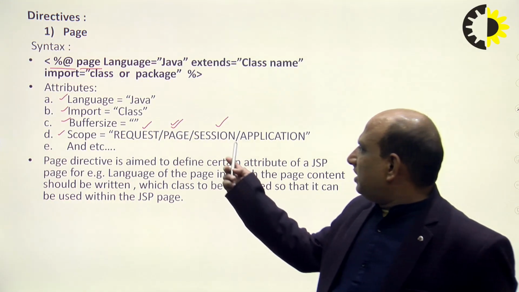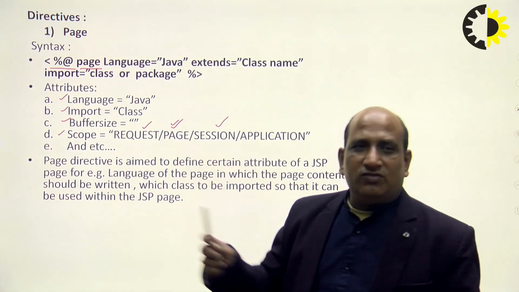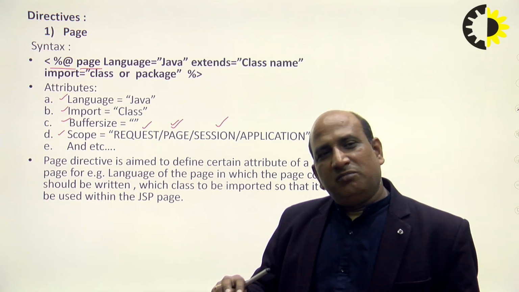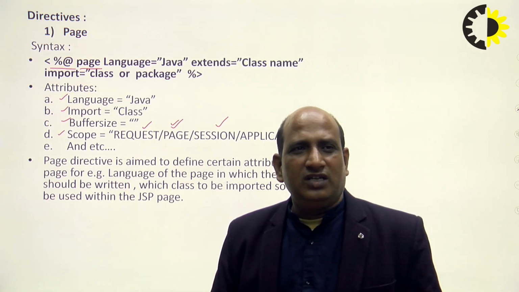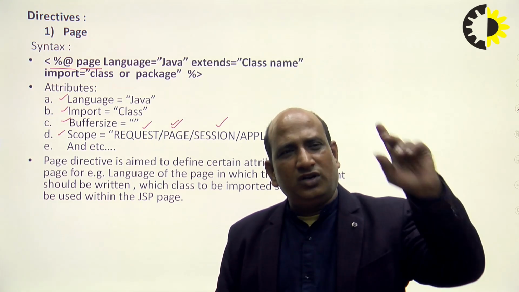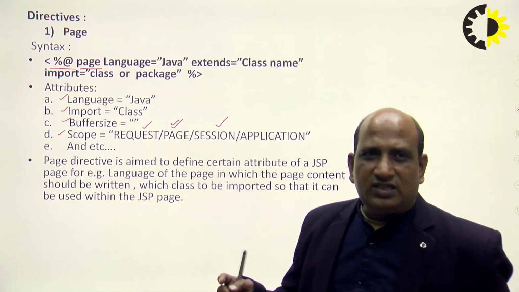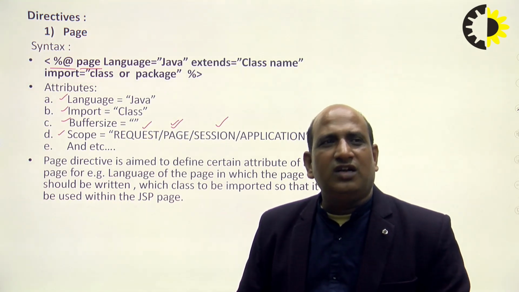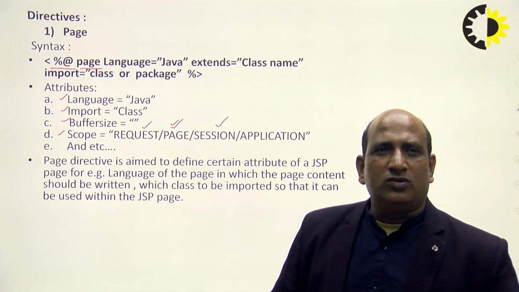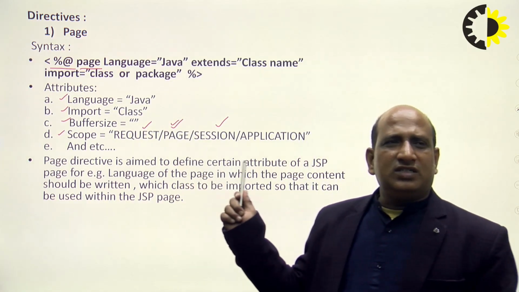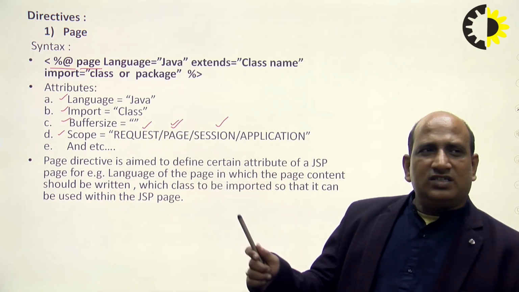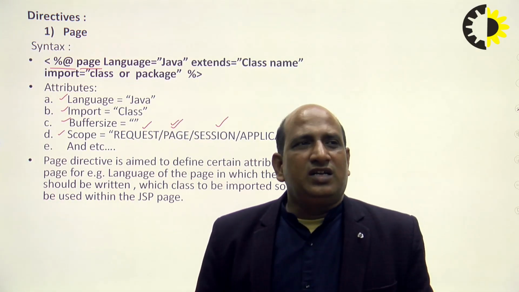For one session there may be connectivity of multiple pages, which we have already understood in a previous lecture. One session may have multiple pages serving requests. So if the scope is session, till the end of the session the page content is accessible.